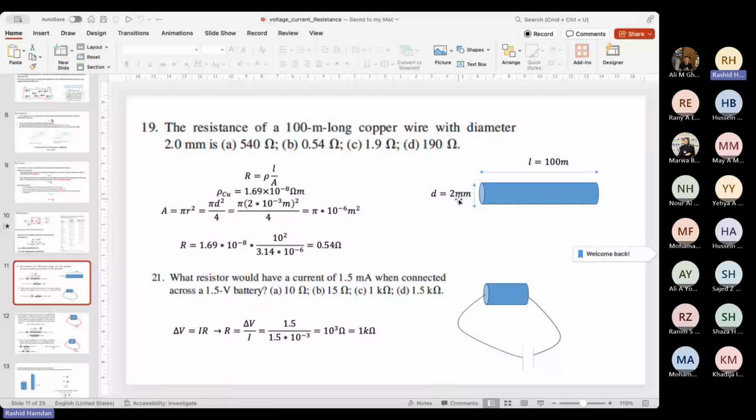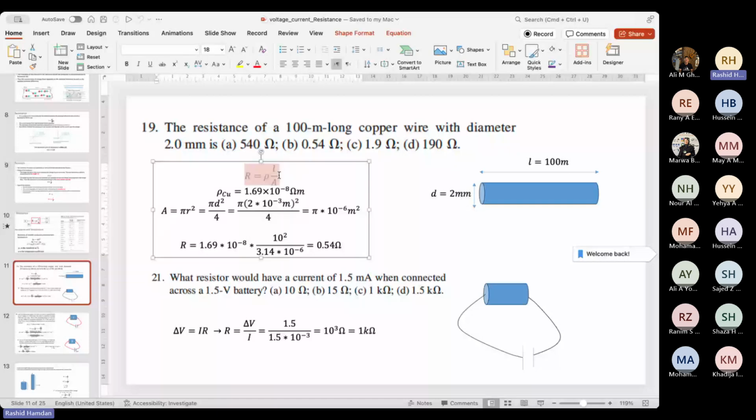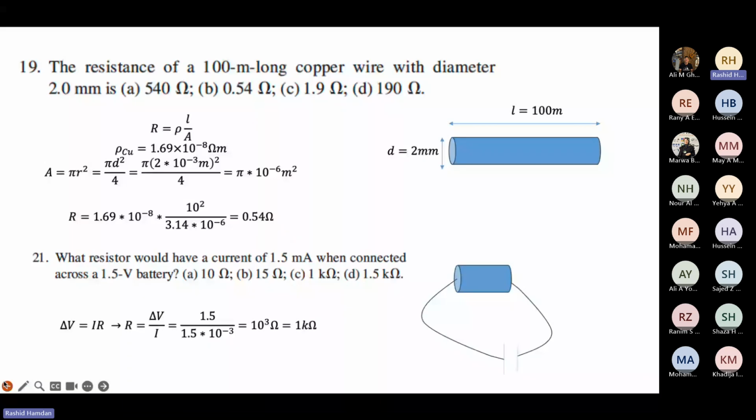Now, resistance is equal to rho L over A. The wire is made of copper, so I have to copy the resistivity of copper from the table that I had in the previous slide. So 1.69 times 10 power minus 8 ohm meter.